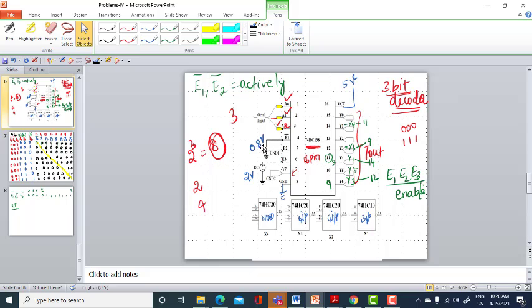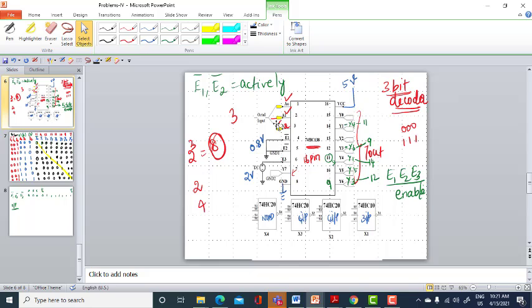You have to give 0.8 volts, from the data sheet of 74HC138. And E3 you have to give a high signal, so let me give 2 volts here. Pin 8 is ground.